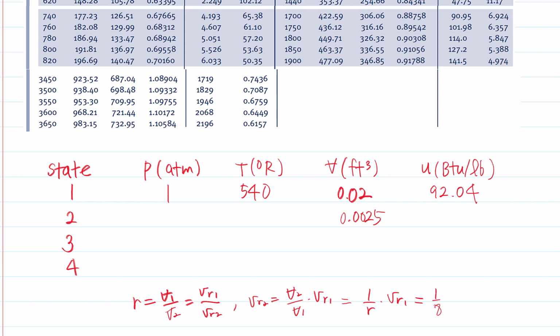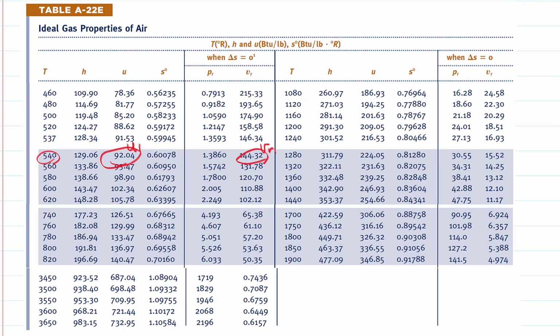So 1 over r times 144 times 32. So we got vr2. From the table, by interpolating, vr2, which is 18.04, falls between these two numbers.